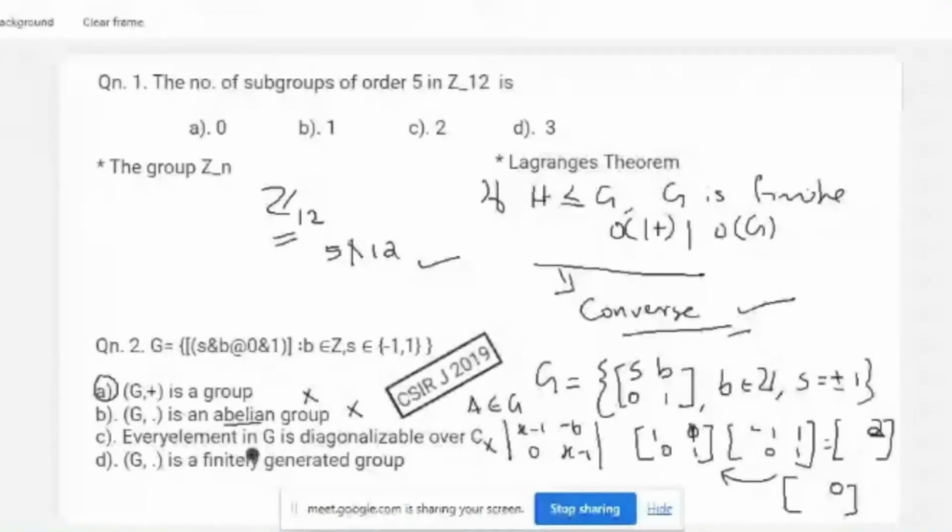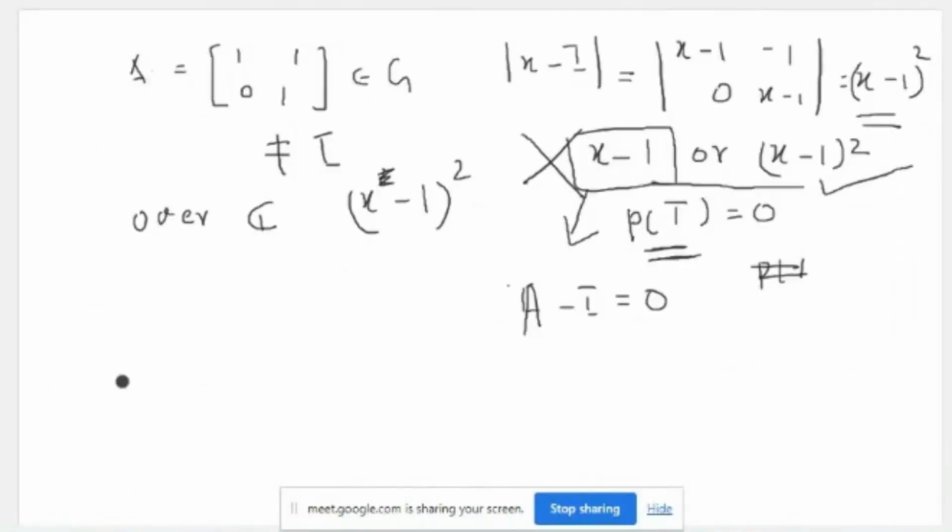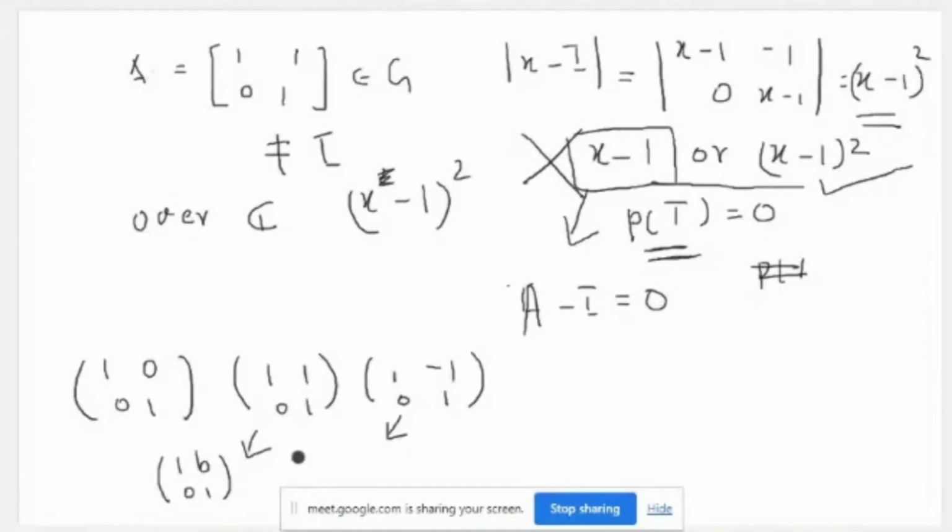Now, what about G? That it is a group, I left as an exercise to verify. It's a group under multiplication, and it is finitely generated, because you can see that the elements like the identity 1, 0, 0, 1, another one 1, 1, 0, 1, generate elements of the form 1, b, 0, 1 with b positive. Another one, 1, minus 1, 0, 1, will generate elements of the form 1, b, 0, 1 with b negative.